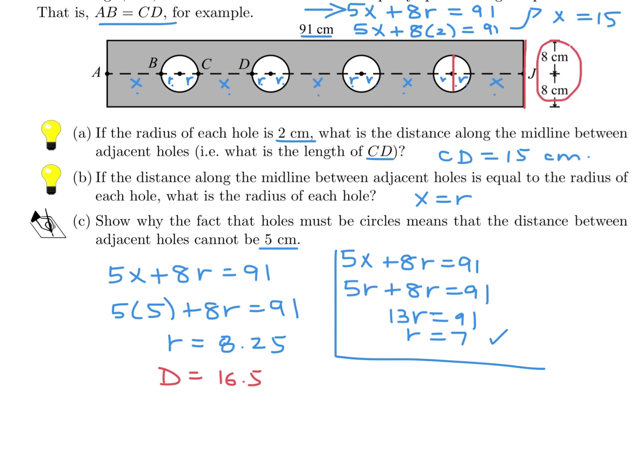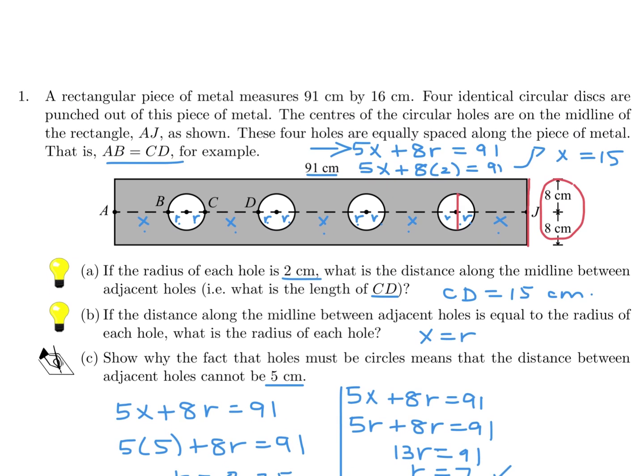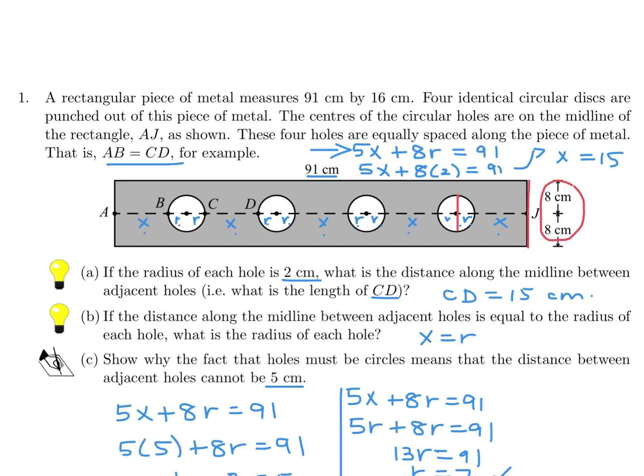And they've said in this question that these circles are inside. Let me just double check here. 4 identical circular discs are punched out in this piece of metal. So obviously they cannot extend outside that, according to the question.